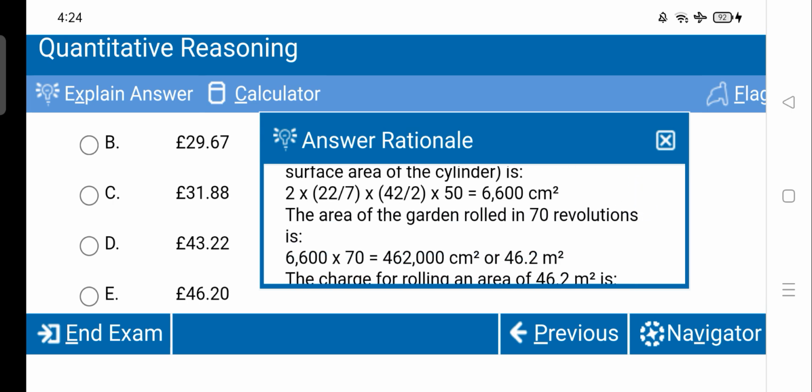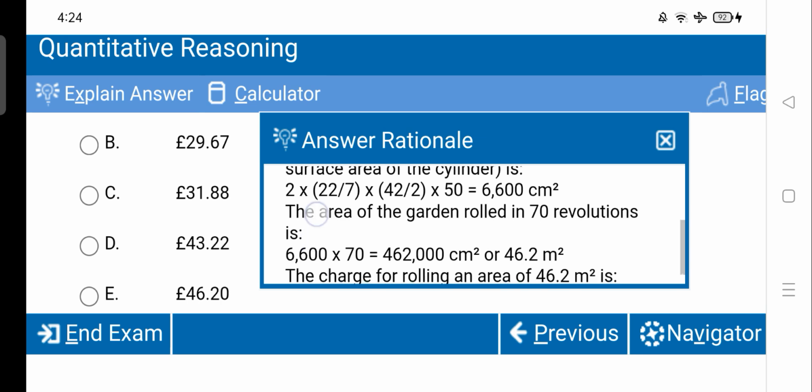So the area rolled in 70 revolutions is 6,600 multiplied by 70 equals 462,000 centimeters squared or 46.2 meters squared.